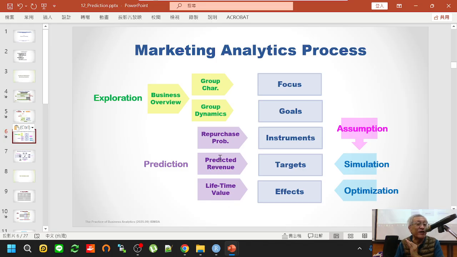And from these two values, we can calculate the value of this customer to the company. I'll do that later in this course, when I explain what lifetime value is. Basically, in modern marketing, marketers can use data to calculate the value of a customer to the company, that expected value.